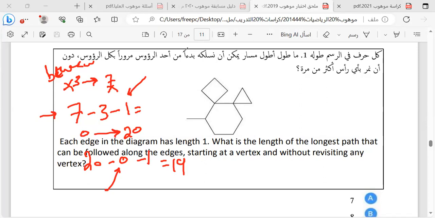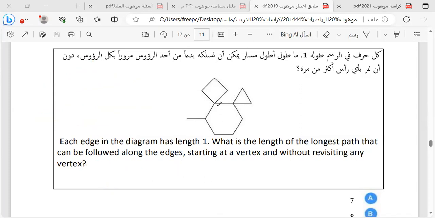Okay, now what is the longest path here? Because each length will be 1, and here we said without revisiting any vertex.